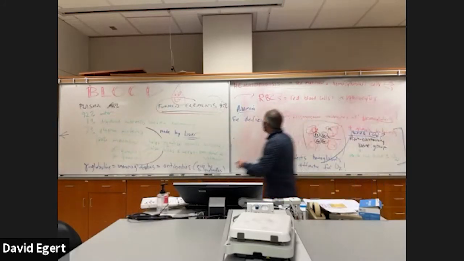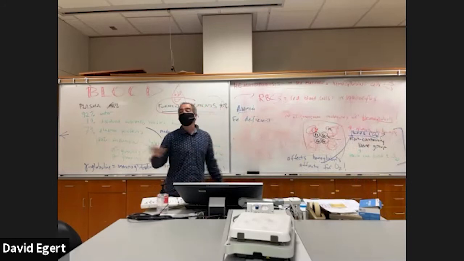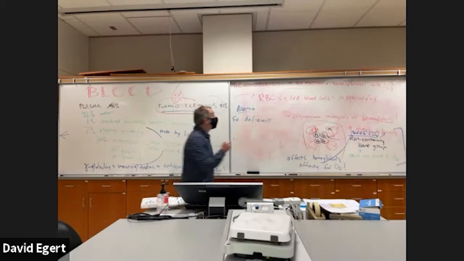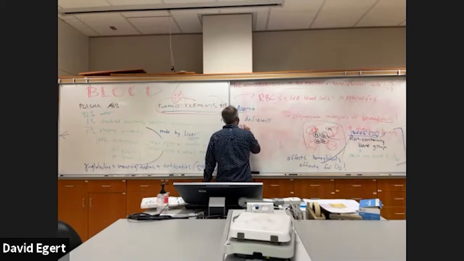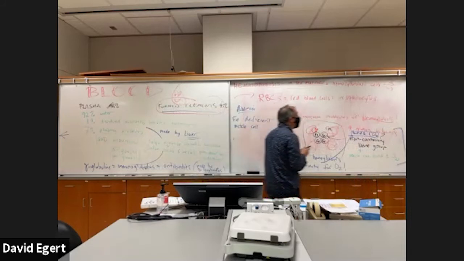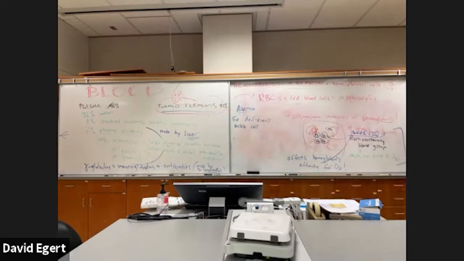So that's iron deficiency anemia. What are other ways you can get anemia? Sickle cell anemia. Sickle cell is when there is literally one base pair wrong in the genetic code to make the hemoglobin molecule.